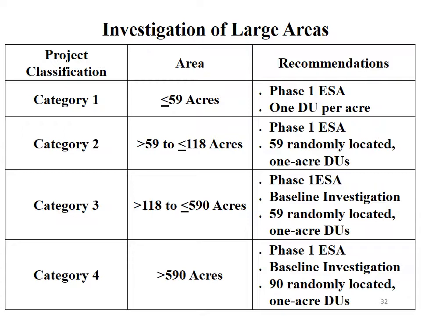So as we get above 118 acres, we're adding in what we call a baseline investigation, which is an initial investigation where we're breaking up the property into large neighborhood size areas and analyzing those first, doing representative samples for those neighborhood areas to look for broad patterns of contamination, large contaminated areas, as well as looking at certain contaminants that might pop up in those large areas to include in the investigation.